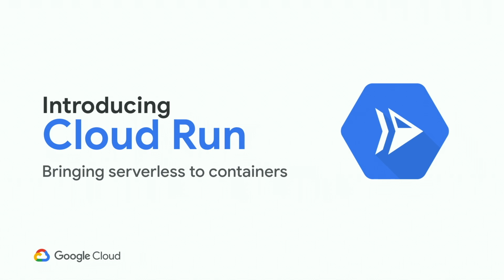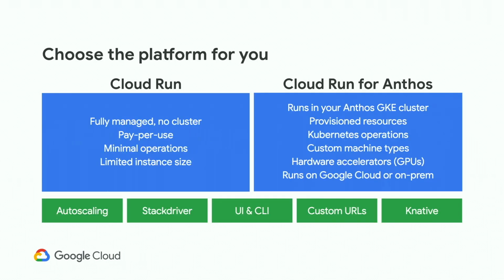What is Cloud Run? In a nutshell, it brings serverless to containers. So you can use containers, but in a serverless way. There are 2 options for you from using Cloud Run. First is the fully managed service. You only need to focus on your code, you don't need to create any cluster, and you only pay per use. The other option is called Cloud Run for Anthos.